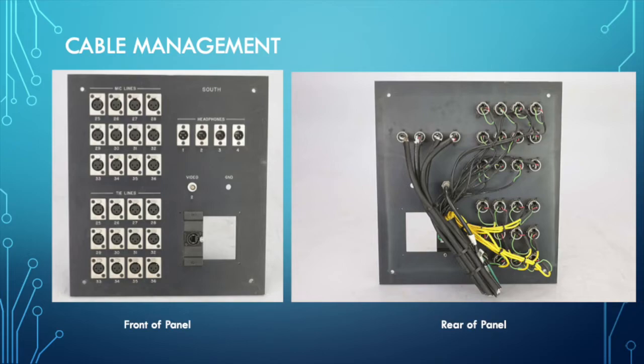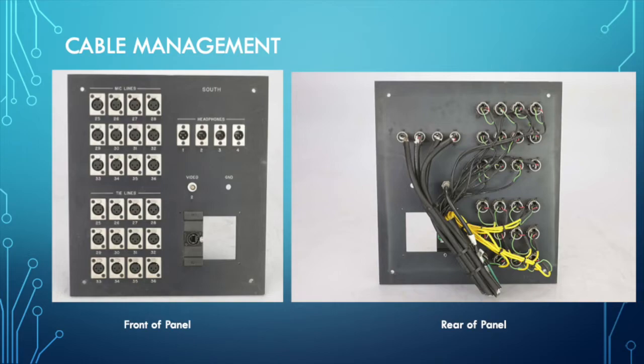So we can't run dozens of 100-foot long XLRs from the stage all the way to the back of the room. Those XLRs go from the mic into one of these wall panels, or oftentimes from the mic into a snake, and then from the snake into these wall panels.